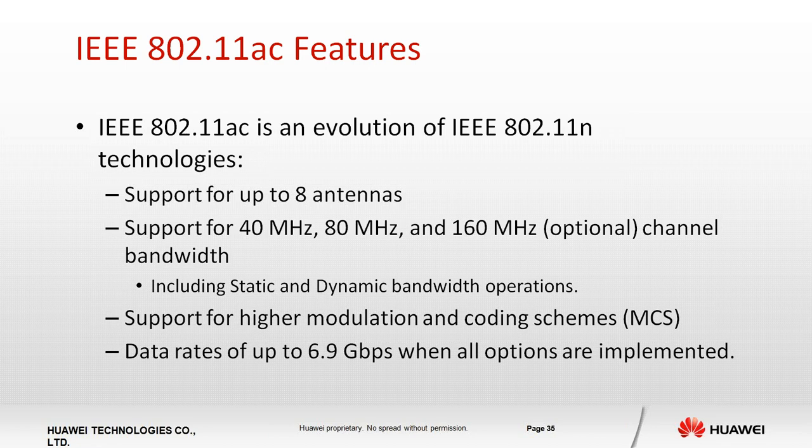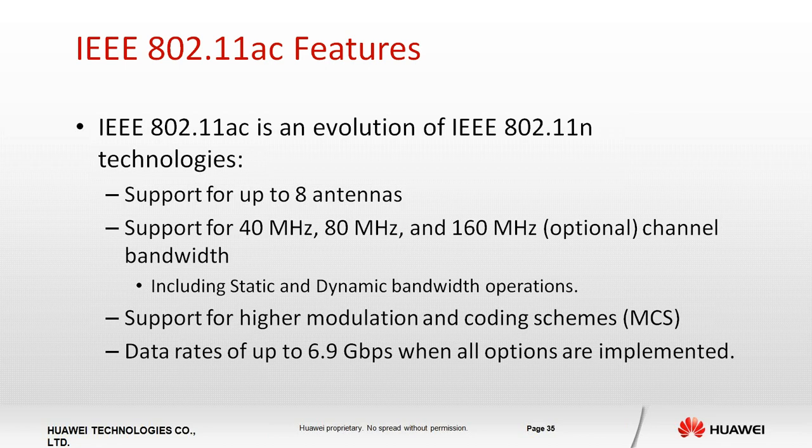Of course, every time you double the bandwidth, you double the rate. So as you go from 40 to 80 to 160, that gives a 2 times and 4 times rate increase. It also includes something called static and dynamic bandwidth operation, which doesn't exist in previous amendments.